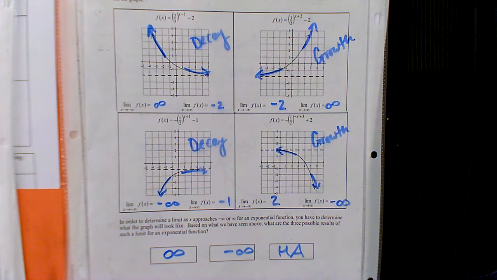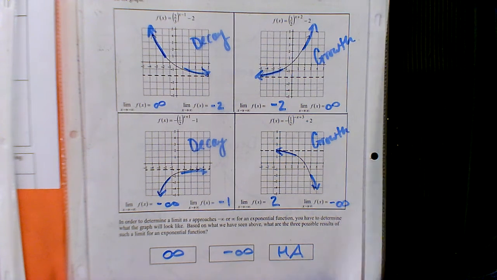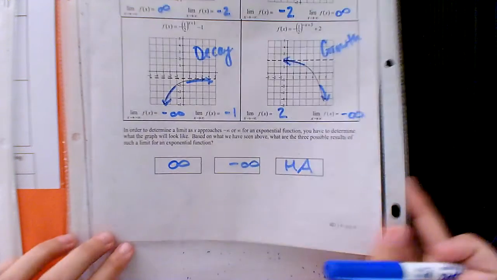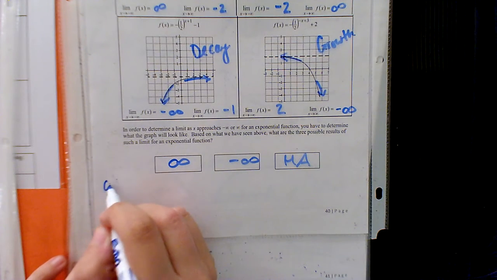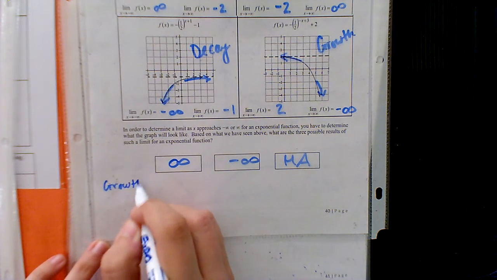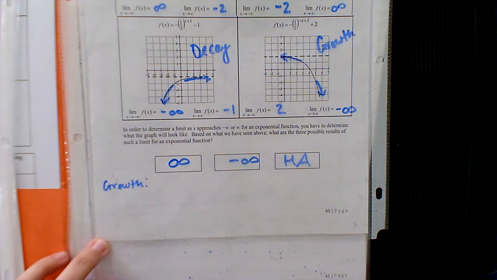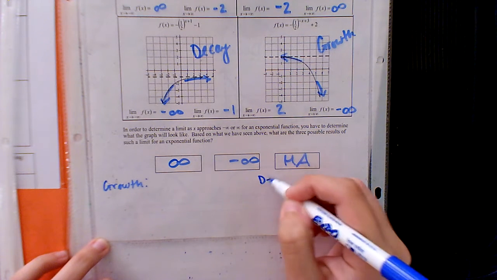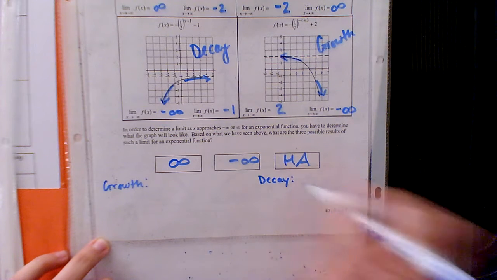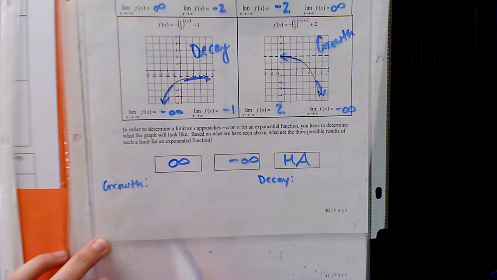Okay, but this is only going towards the ends of the graph, like all the way to the left and all the way to the right. So what we're going to do is make a little side note at the bottom here. If we can identify it as exponential growth, what would the limit values look like? And if we can identify it as exponential decay, what would the limit values look like?